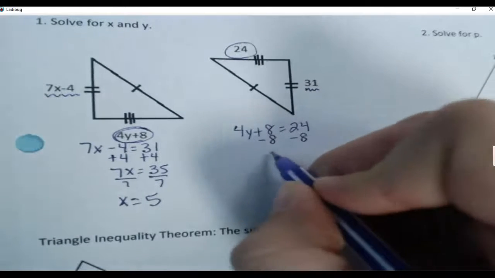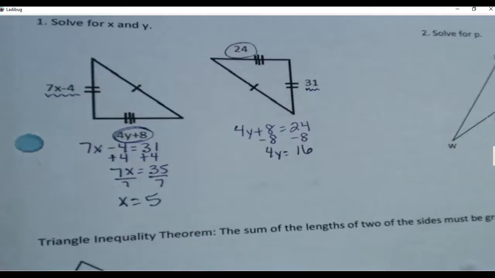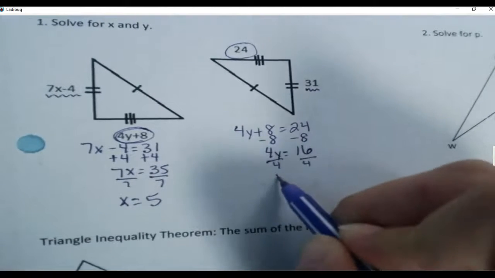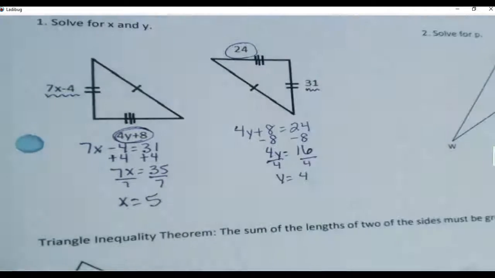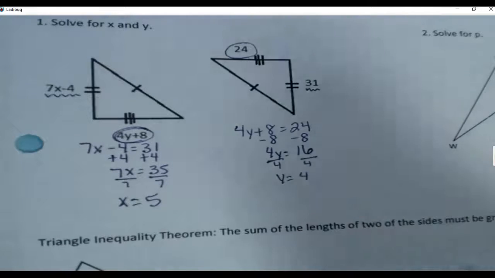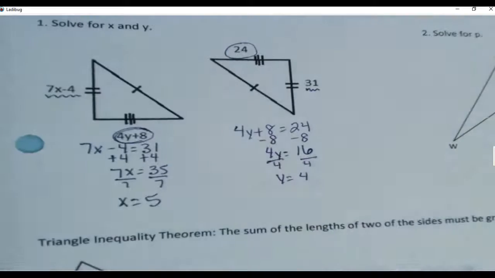Subtract 8. So we get 4y equals 16. Good. Divide by 4. So y equals, good. Then again, you can check yourself, plug it back in. 4 times 4 is 16, plus 8 is 24. Any question on that one?